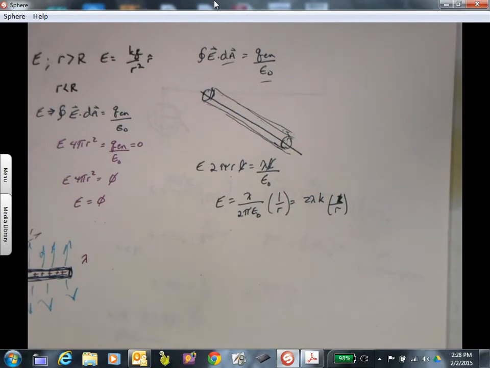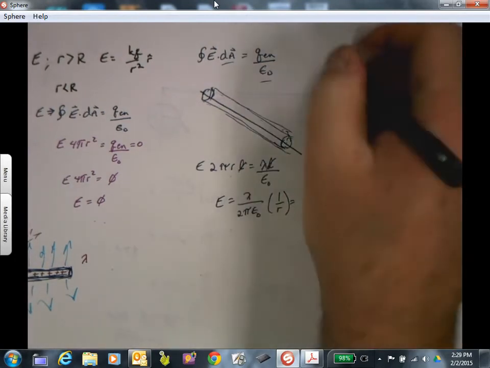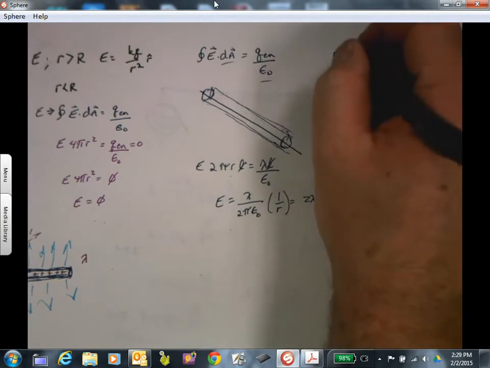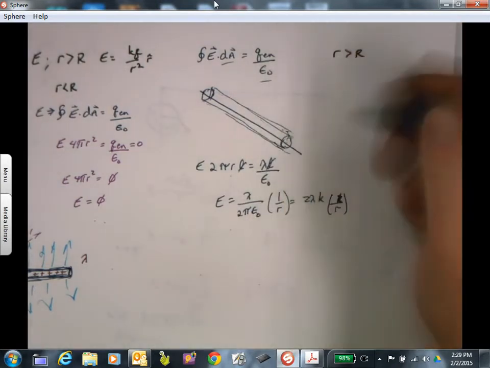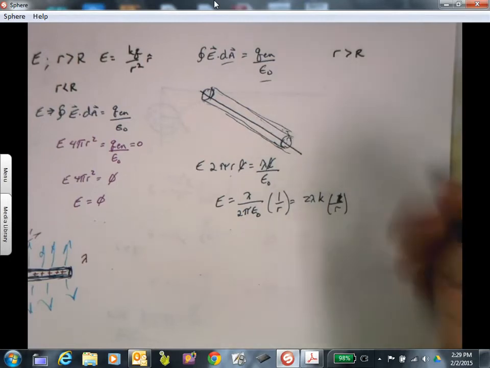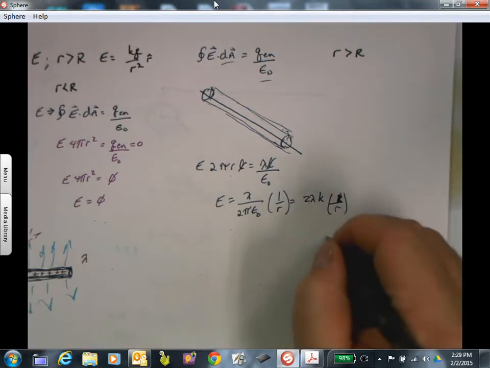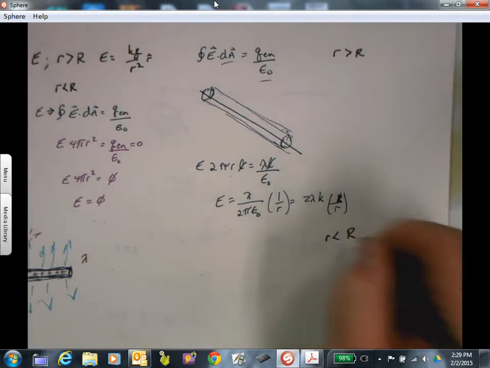These are the two situations we're in. This is if r, the radius of our surface, is greater than the radius of our line charge. Okay. Now we're going to expand our line charge, and we're going to be inside the line. So we're going to do r is less than R.